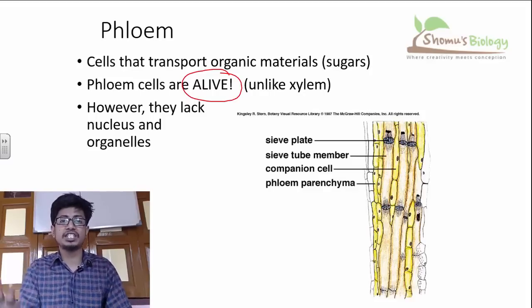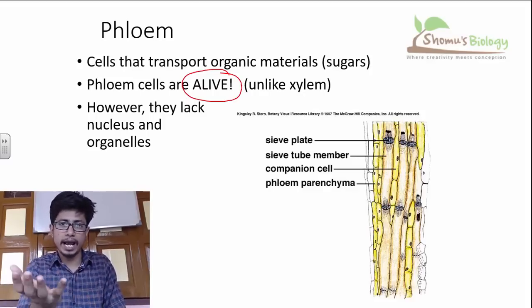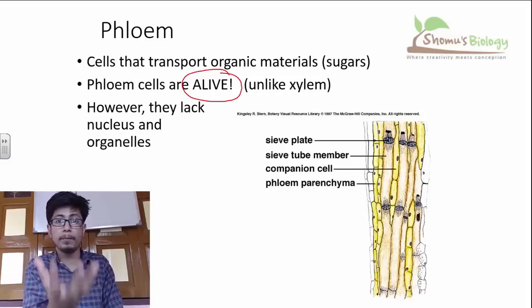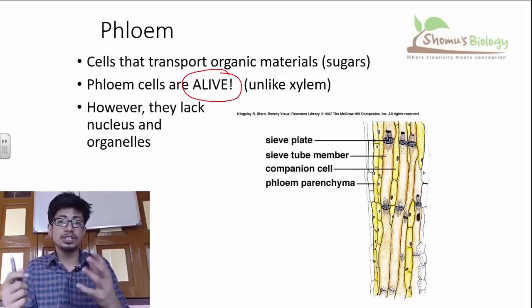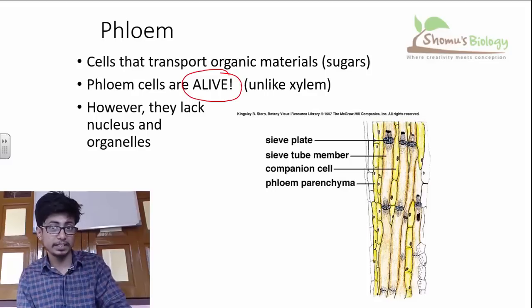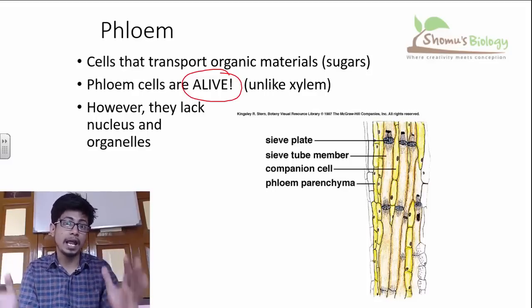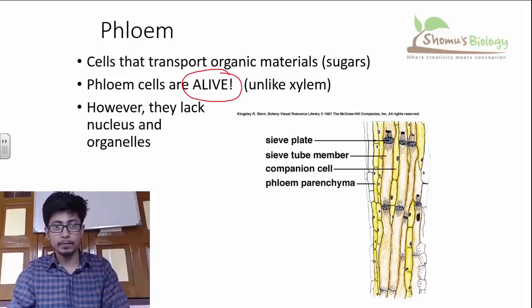Sieve plates work like a sieve: some things that are required pass, and some things are blocked using the sieve plates. So sieve plates are required to block specific things and allow specific things to flow to the next place.